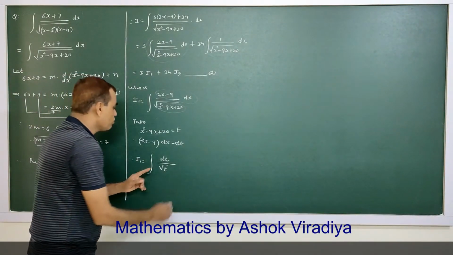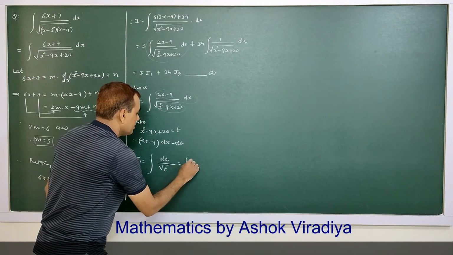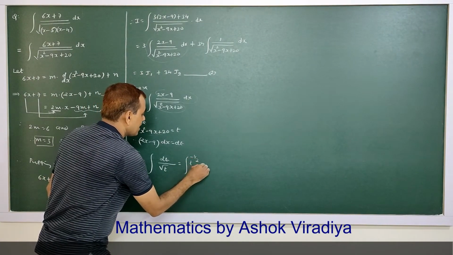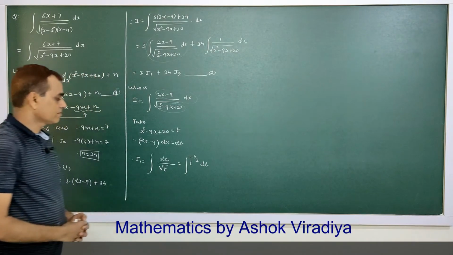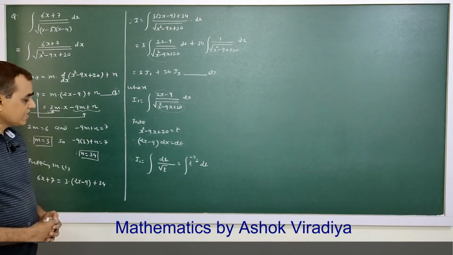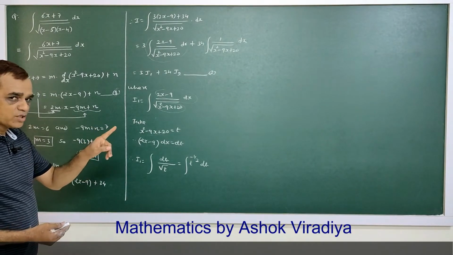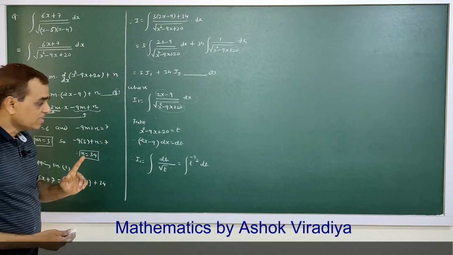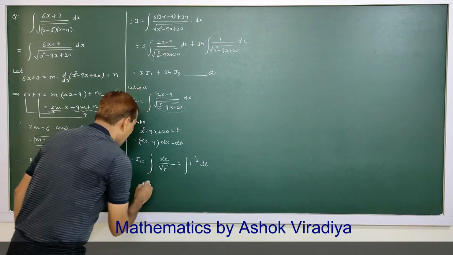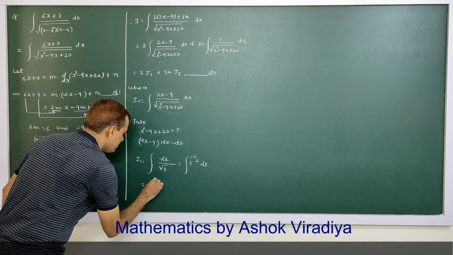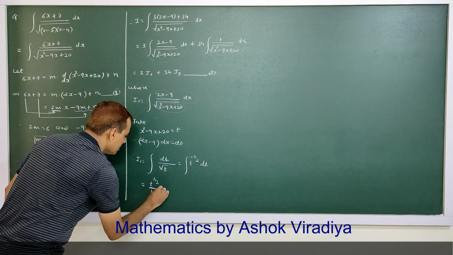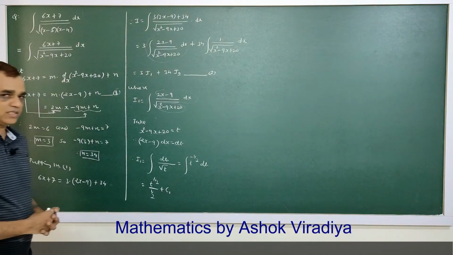It is t raised to minus half. Its integral is t raised to minus half plus 1 upon minus half plus 1, that is t raised to half upon half, plus c1.